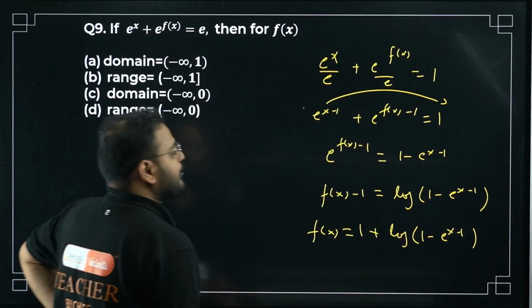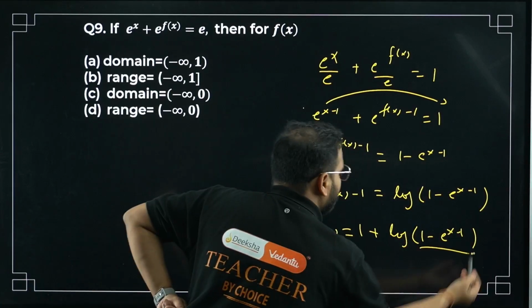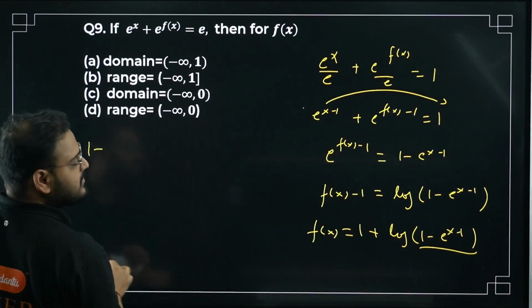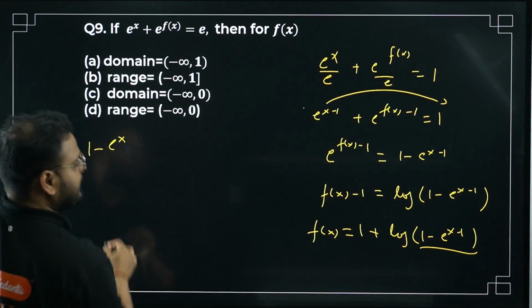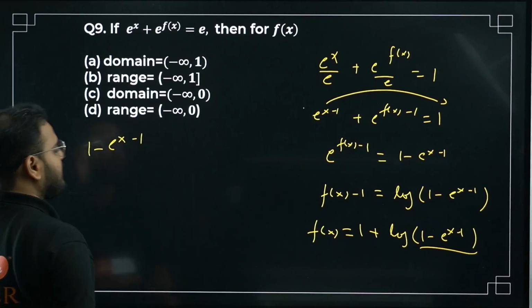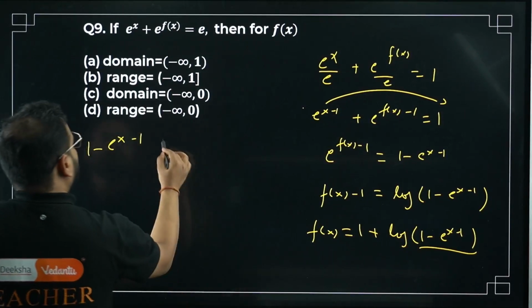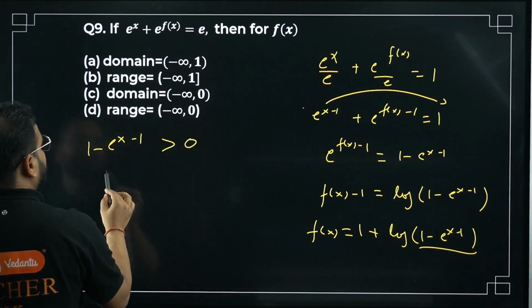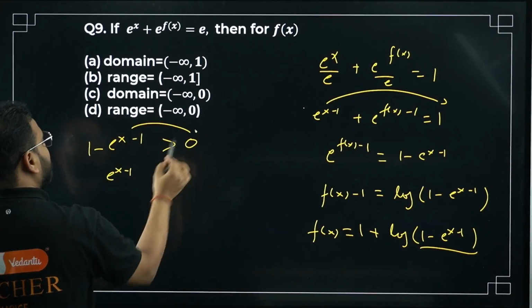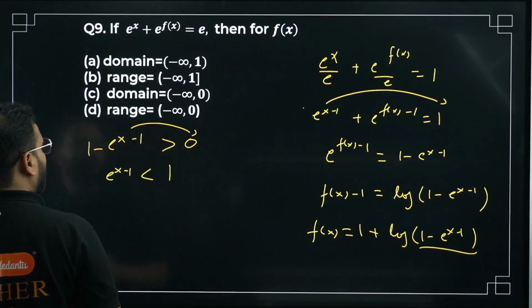Okay, so we know for log, bacha, this condition is that the argument has to be always positive. I get 1 minus e^(x-1) positive, so e^(x-1), bring this on this side, is less than 1.